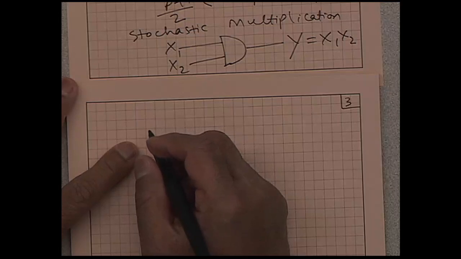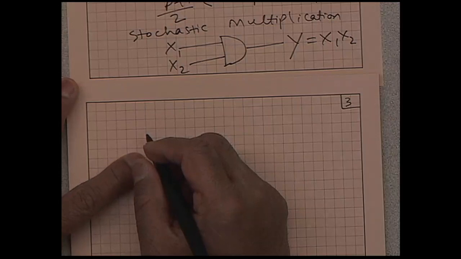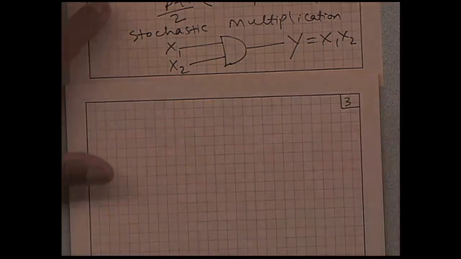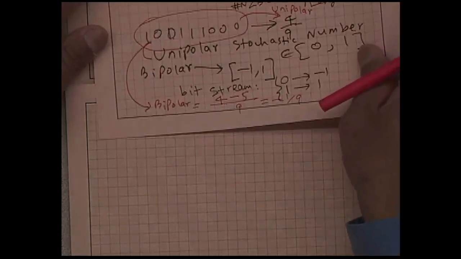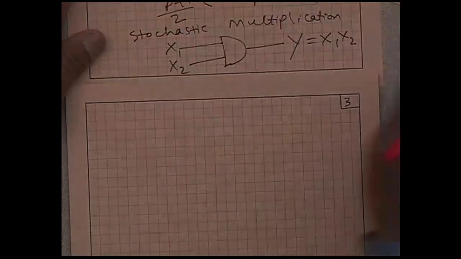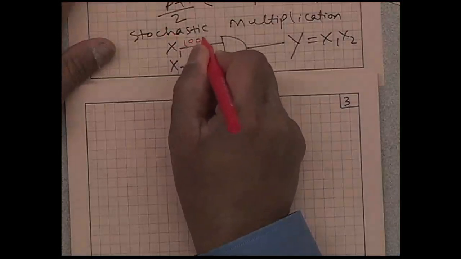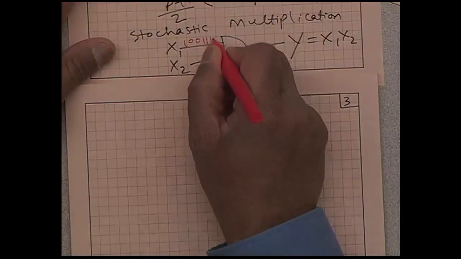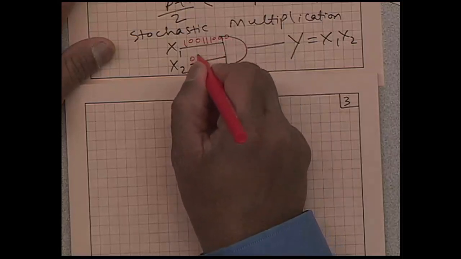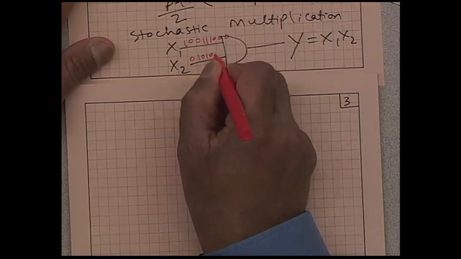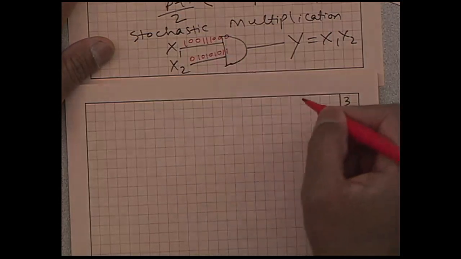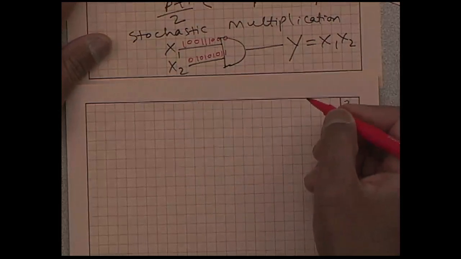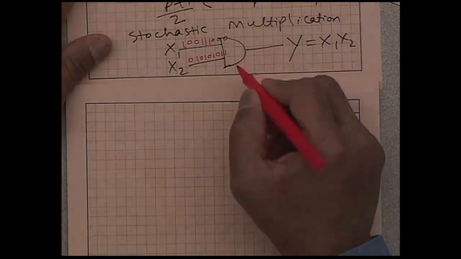Before I talk about y equal to x1 x2, let's just take some example here. Let's take that example I had: 1 0 0 1 1 1 0 0 0, and let's say 0 1 0 1 0 1 0 1 1. These x1 and x2 are 9-bit representations.